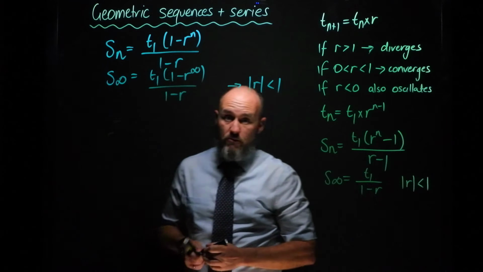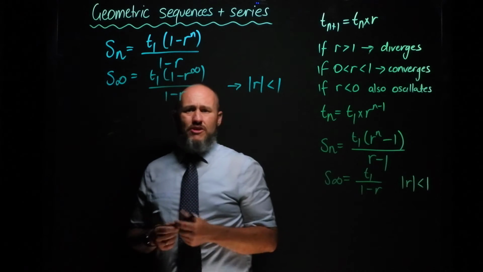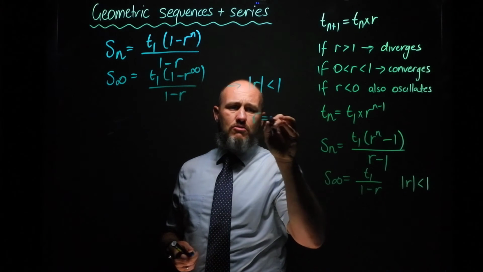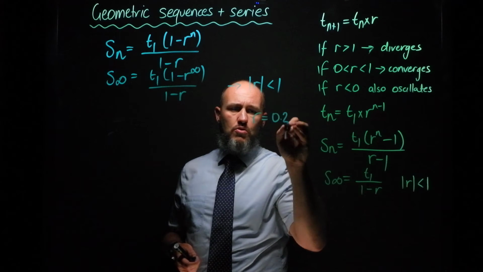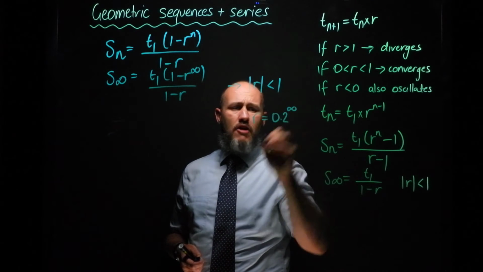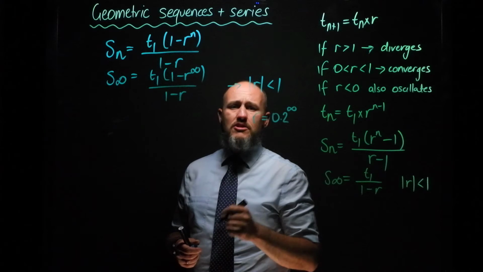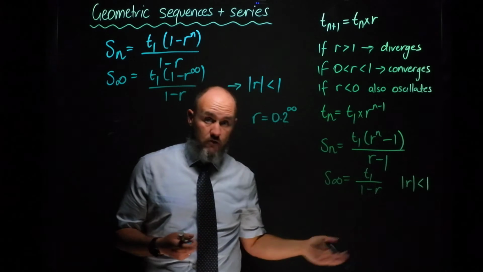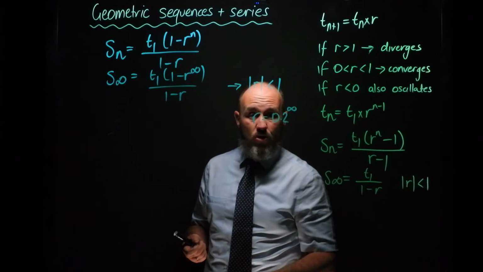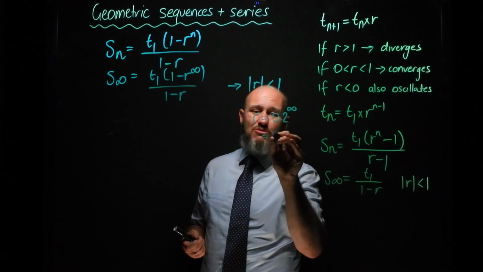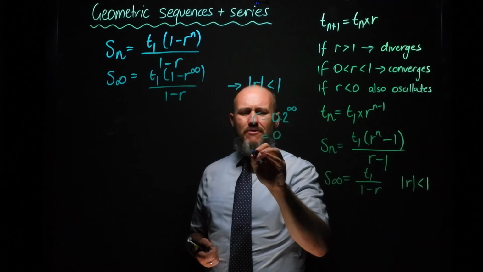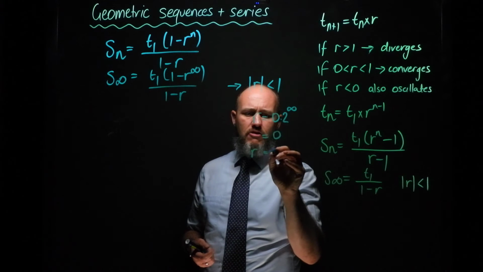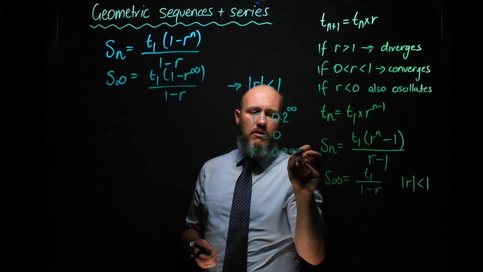So here's a little thought experiment for you. If r is, I don't know, let's say r is equal to 0.2, what's 0.2 to the power of infinity? Hopefully you can see that this just gets smaller and smaller. You can get your calculator if you want. Smaller and smaller and smaller. Basically, it equals 0. So what about if r is a bit bigger? Like we said, less than 1. So what if r is 0.999?